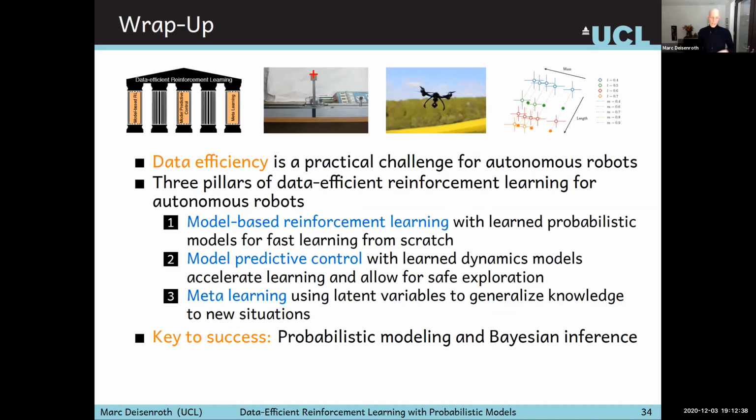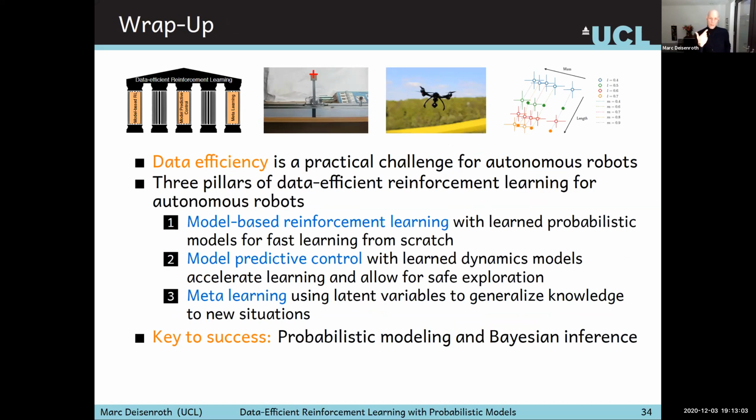And to summarize the entire talk, I really wanted to make a point about data efficiency as a practical challenge for autonomous robots. We talked about the three pillars of data efficient reinforcement learning. One was model-based reinforcement learning, where we used a probabilistic model for fast learning from scratch.